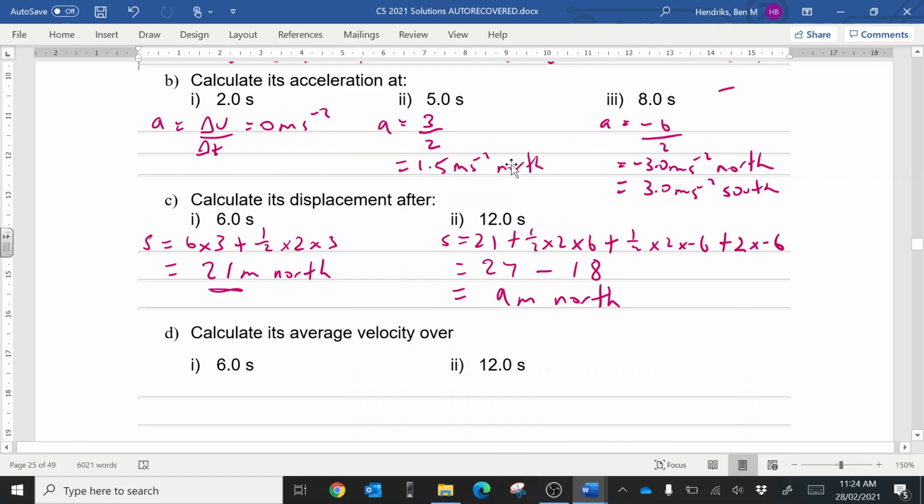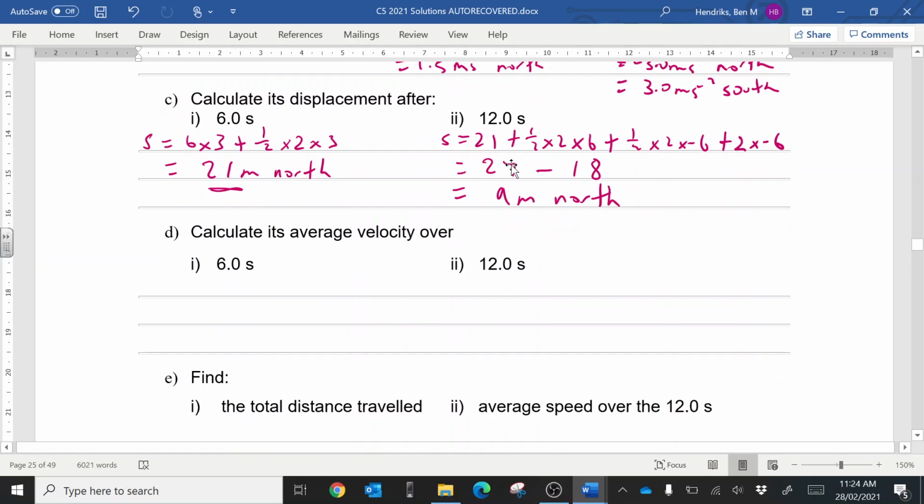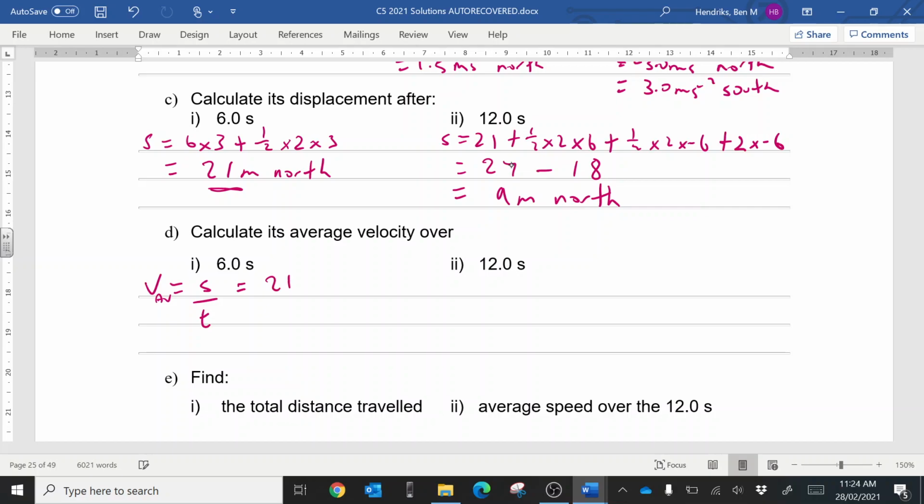All right, so now we can calculate the average velocity for the first 6 seconds. So v average is equal to S over T, which equals 21 over 6, which is equal to 3.5 meters per second, and that is north.